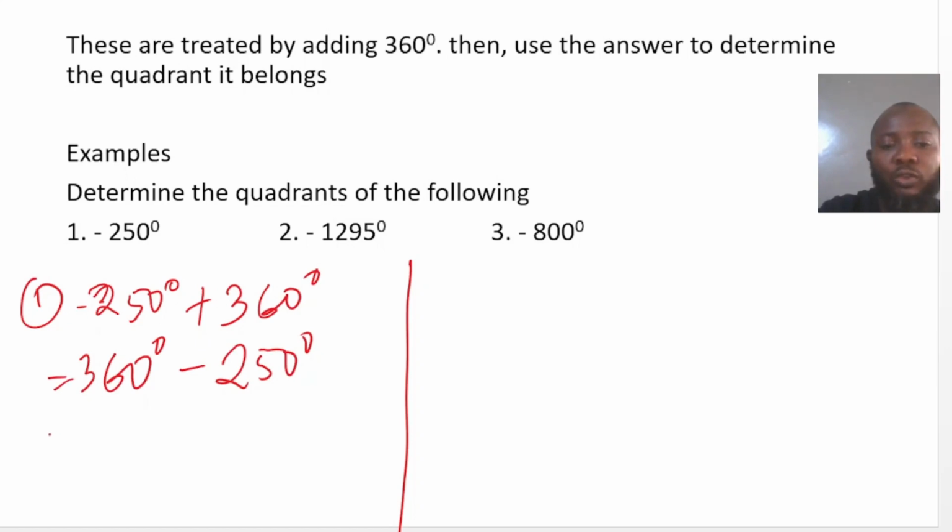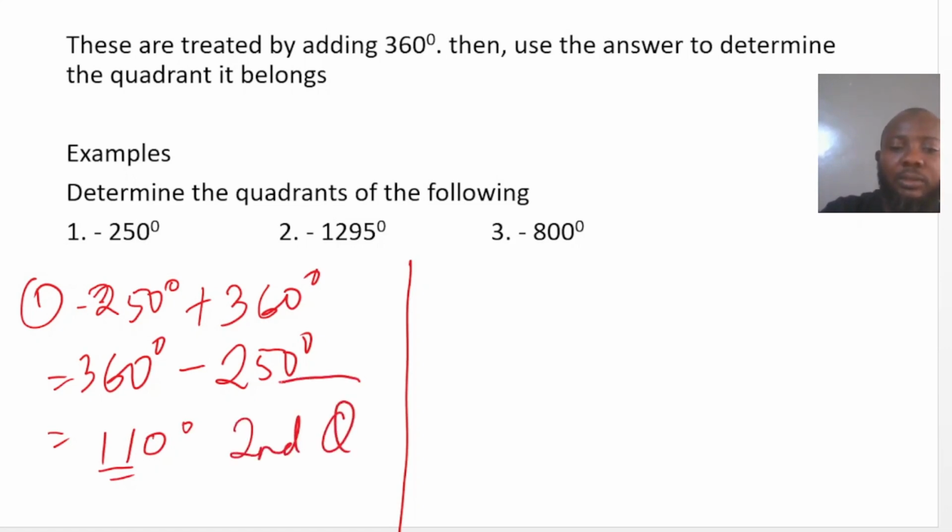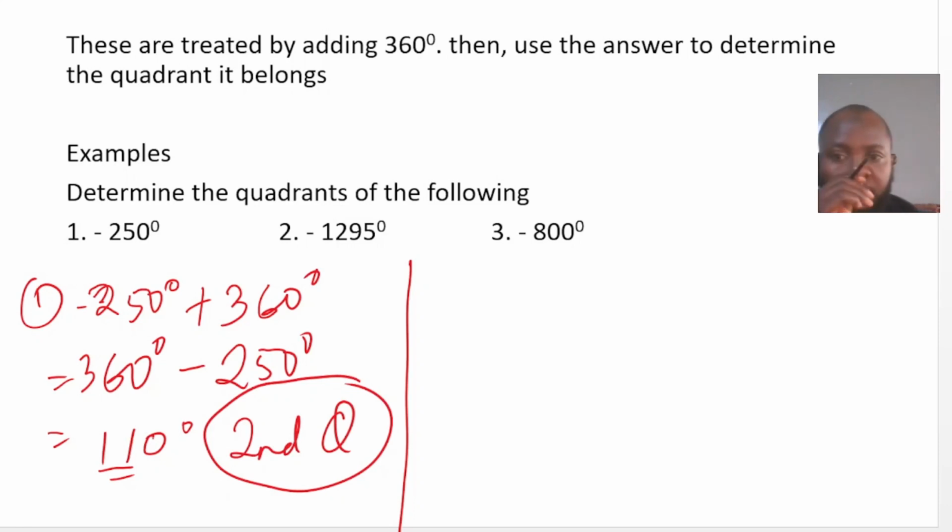So that is going to give us 110 degrees. So we are determining the quadrant. The quadrant of this one is what? Second quadrant. That is the answer to the question.